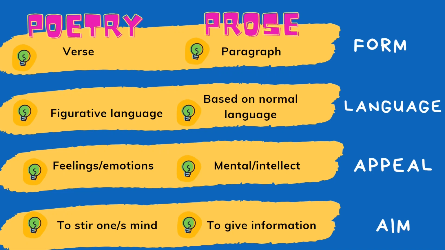In terms of appeal, poetry uses feelings and emotions, while prose uses the mental and intellect of a person. Lastly, the aim: for poetry, it is to stir one's mind, while for prose, it is to give information. Those are just the basic differences between the two.